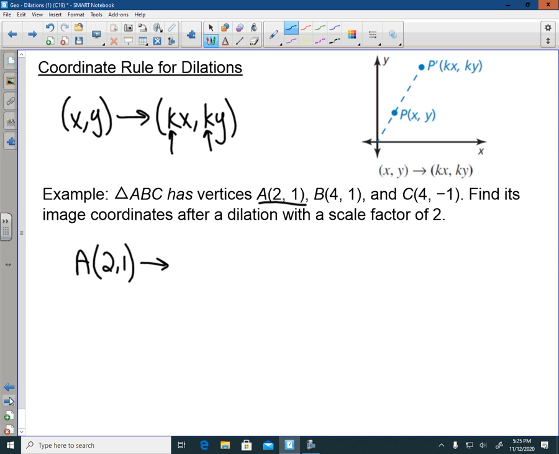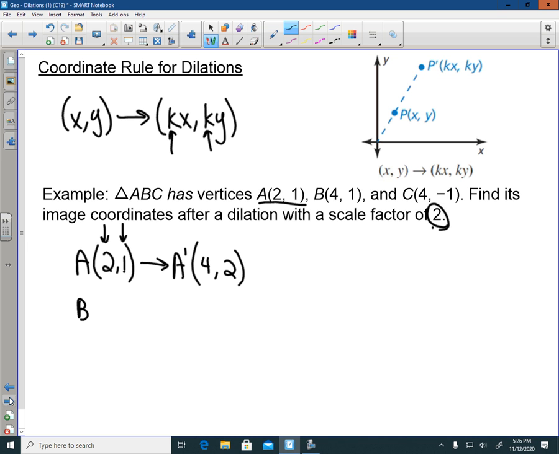And so what we can do is just multiply this 2 and this 1 by the scale factor and get A prime. So A prime is going to be 2 times 2, which is 4, and then 1 times 2, which is 2. And there's where A prime lives. You just take each number in that point and multiply it by the scale factor.